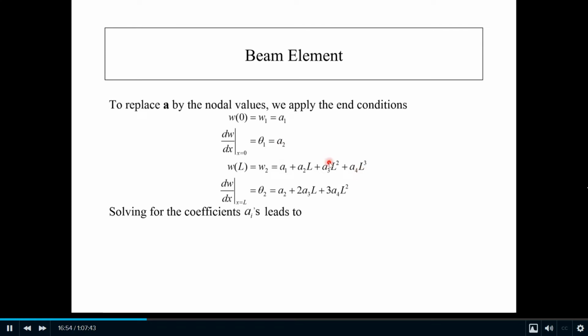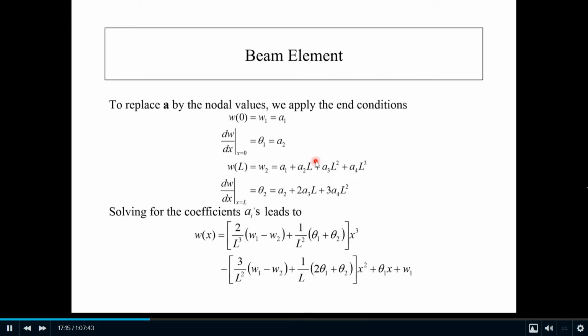You can solve them, and you can have A1, A2, A3, A4 in terms of all these variables, and you put the solution for A1, A2, A3, A4 back into the original cubic equation. You would have a relationship between the deflection and the other variables. So that's what I have done here.